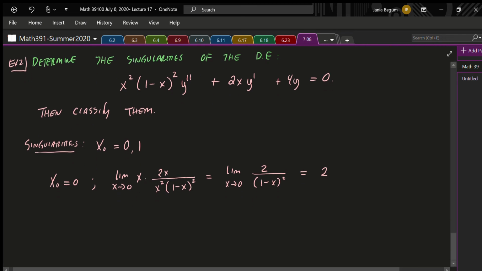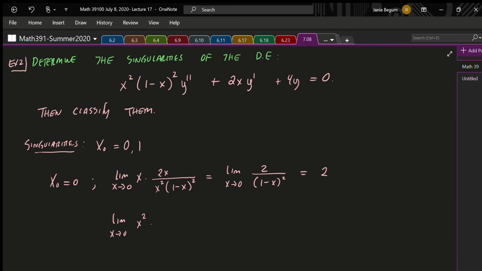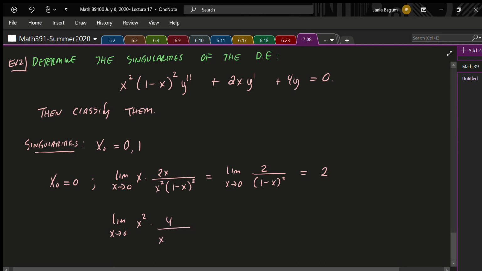Nice. Let's take the next one. We take the limit as x approaches 0 of x squared times r of x, which is 4, over x squared times (1 minus x) squared. As I simplify, I have 4 over (1 minus x) squared, and that will give us 4.